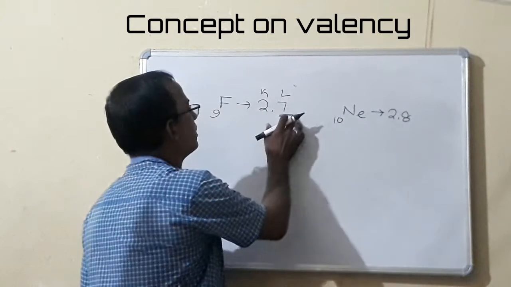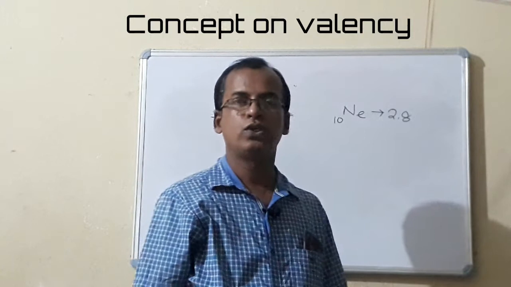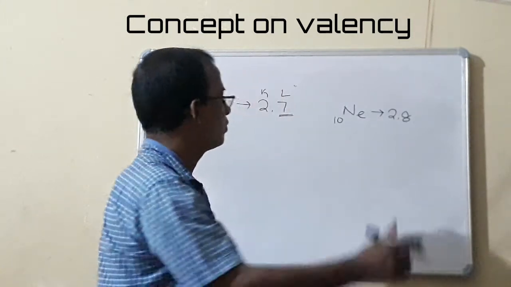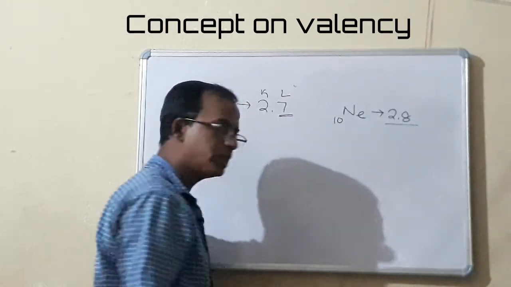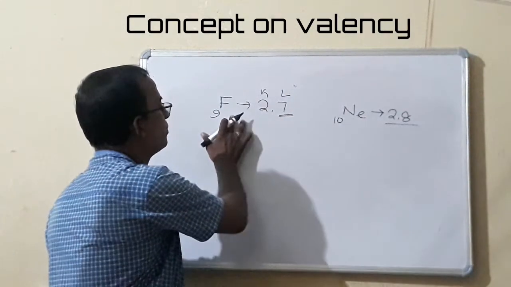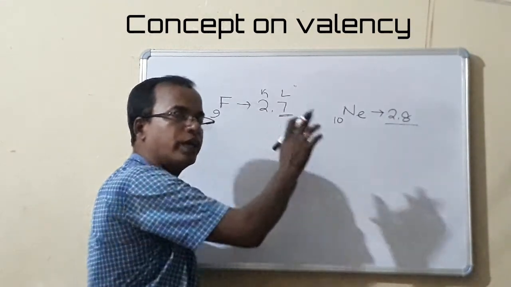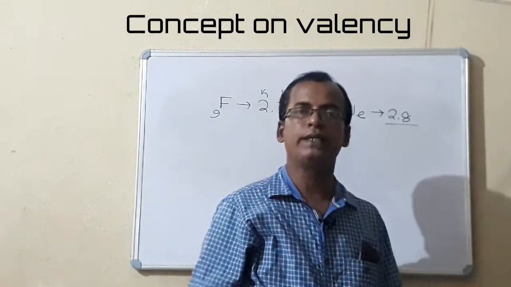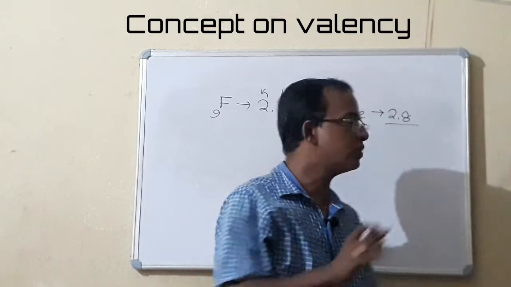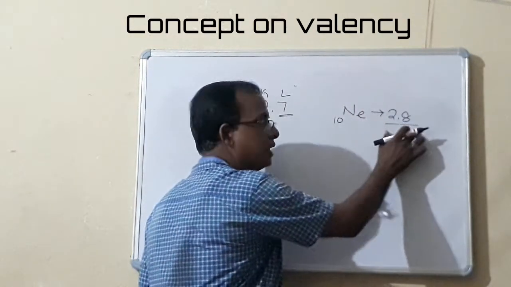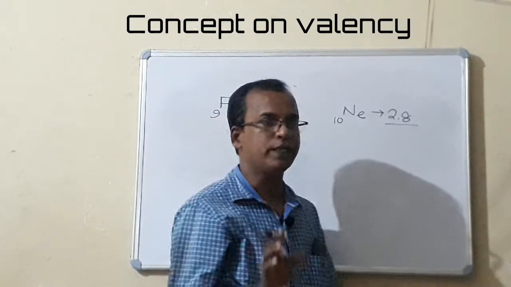It will be better to accept 1 electron from others to attain the nearest noble gas configuration of neon, 2, 8. So fluorine, having electronic configuration 2, 7, when it accepts 1 electron, attains the 2, 8 electronic configuration, which is the electronic configuration of neon, and it attains the octet rule, so it is stable.